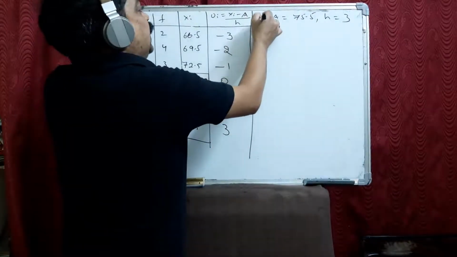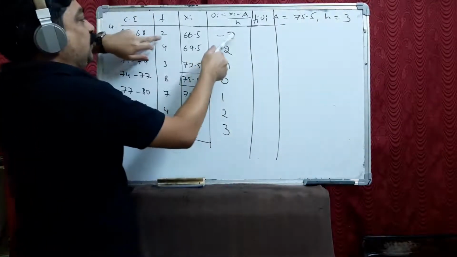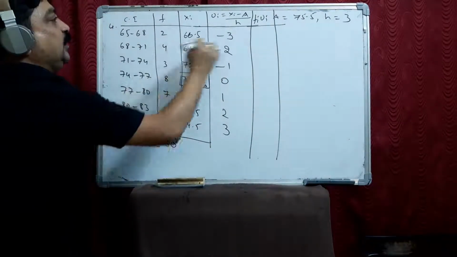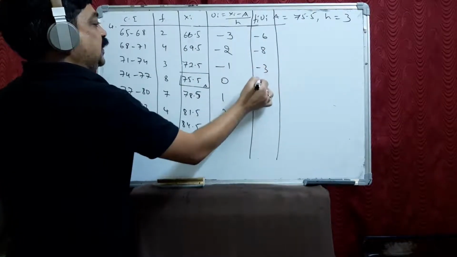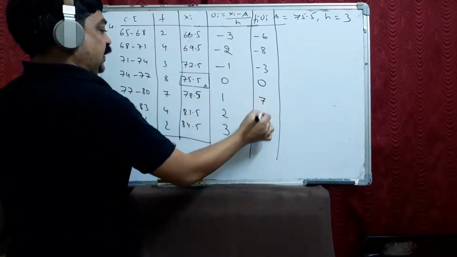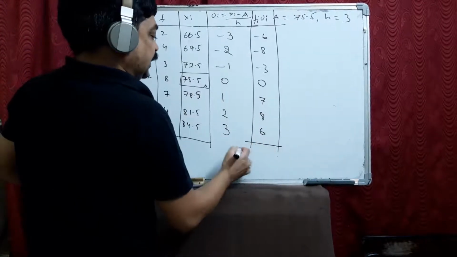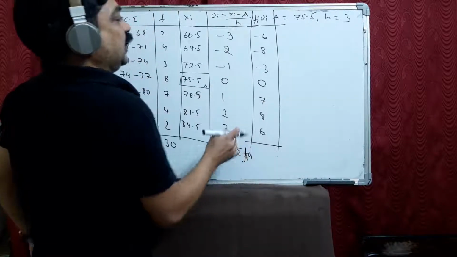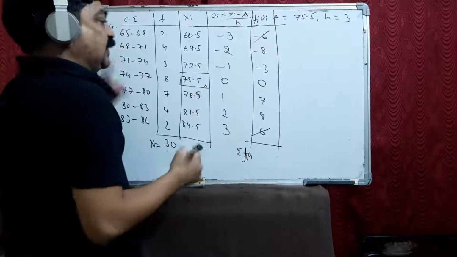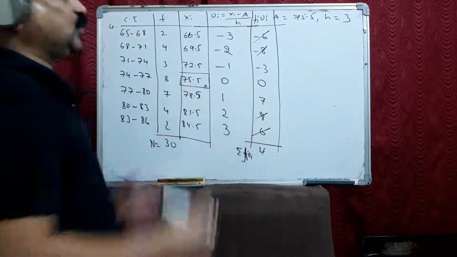Now we do fi ui, that means multiply f and u. It becomes minus 6, minus 8, minus 3, 0, 7, 8, 6. Okay. Let us add this. If you add this, you get sigma fi ui. Let us cancel minus 6 and plus 6, minus 8 and plus 8 also. See, the values become so much simpler.